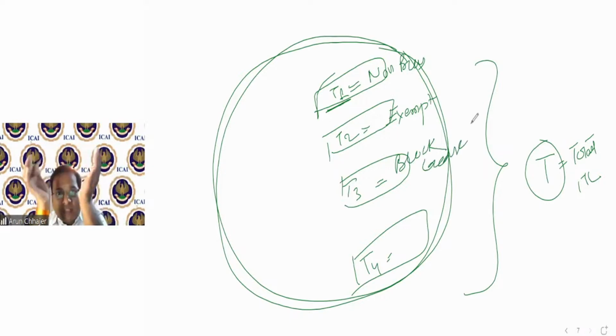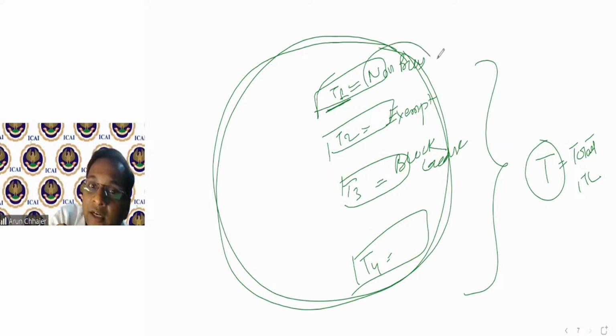T is the total basket of your input tax credit. Out of T, you are removing certain parts which are exclusively non-business activity. You are removing the ITC of input or input service which are exclusively linked to either non-business, or exempted, or block category.